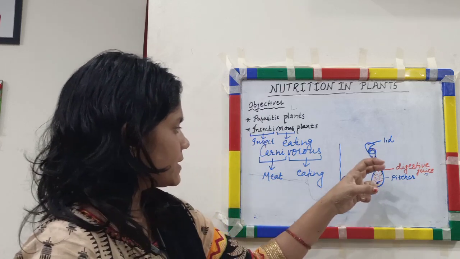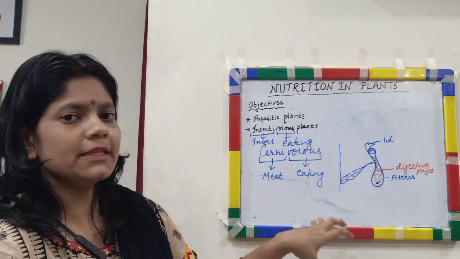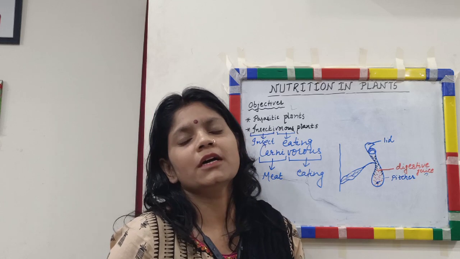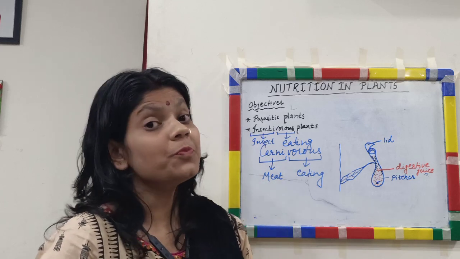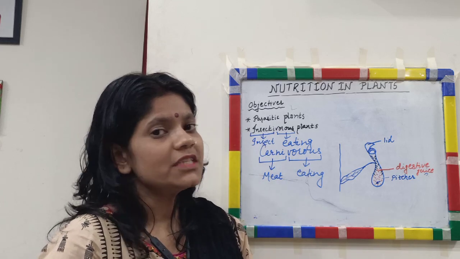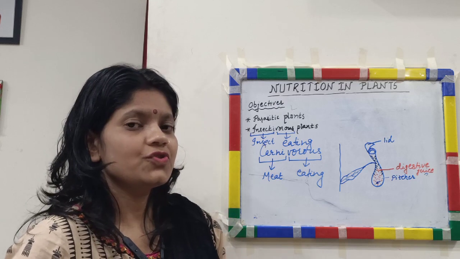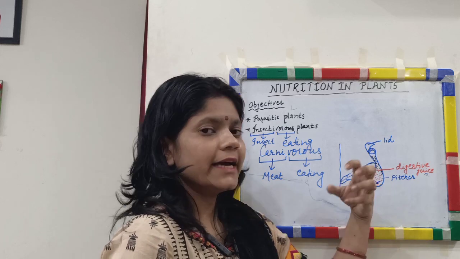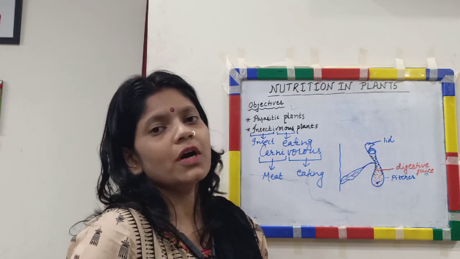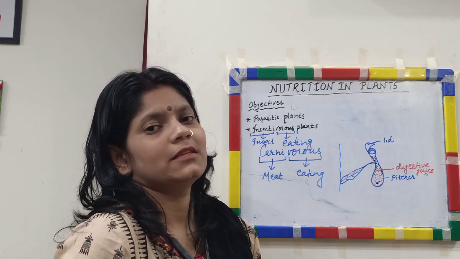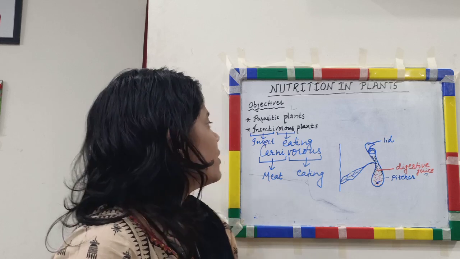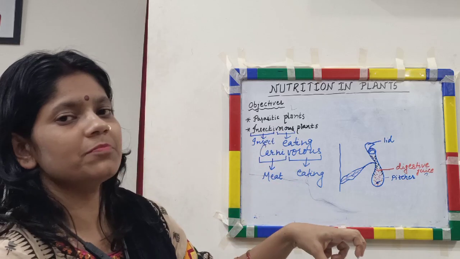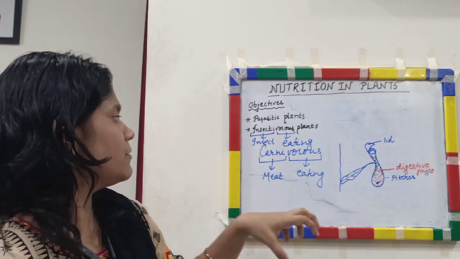These insectivorous plants, and there are some other examples also, grow in soil which is poor in nutrients, poor in nitrogen. So to fulfill their needs of nitrogen, they need to hunt on insects. That's where the existence of insectivorous plants comes in.